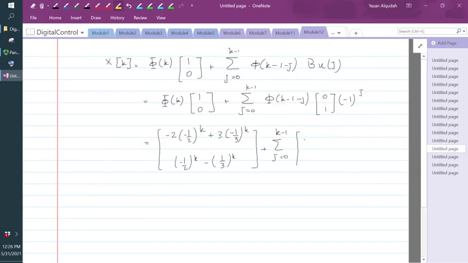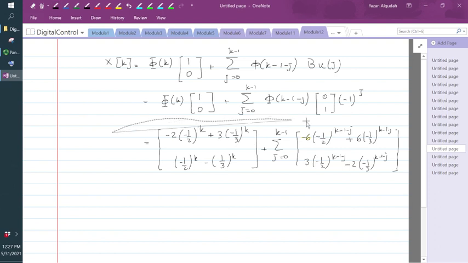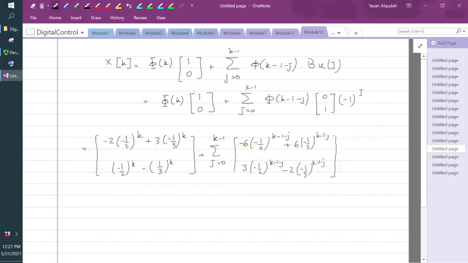So therefore here I'm going to have negative 6 multiplied by negative 1/2 to the power of k minus 1 minus j, plus 6 multiplied by negative 1 over 3 to the k minus 1 minus j, and then I'm going to have 3 multiplied by minus 1/2 to the k minus 1 minus j, minus 2 multiplied by negative 1 over 3 to the k minus 1 minus j, and all this is multiplied by negative 1 to the power of j.